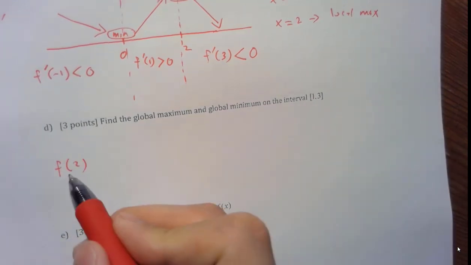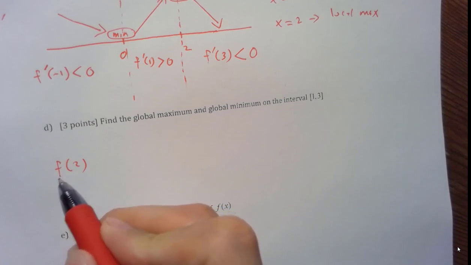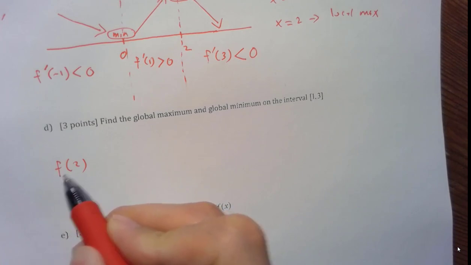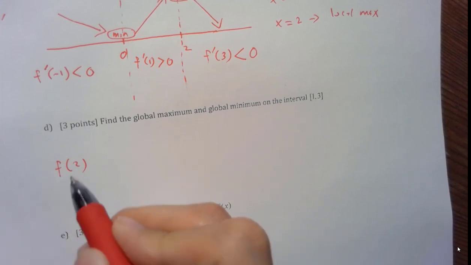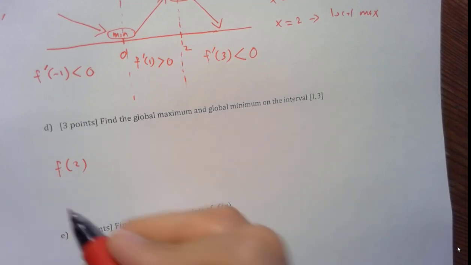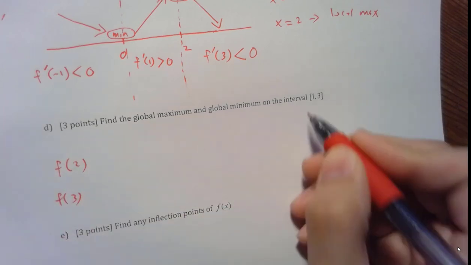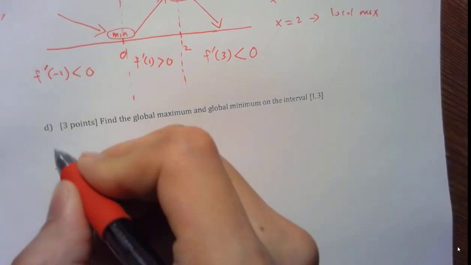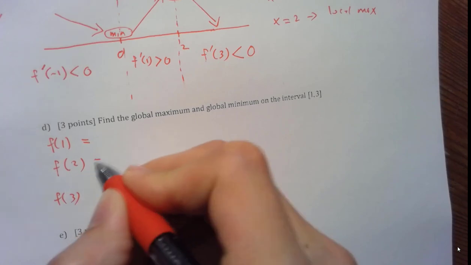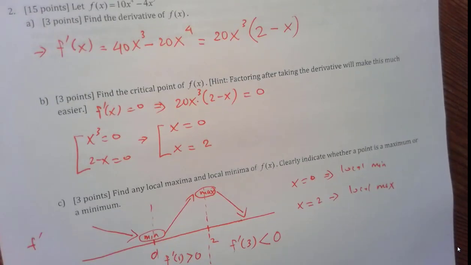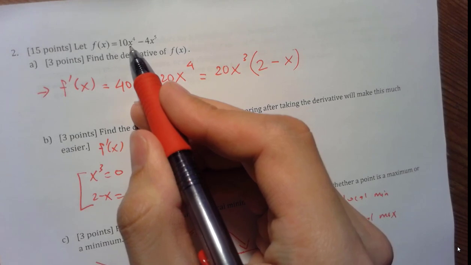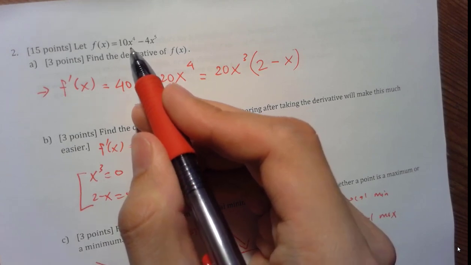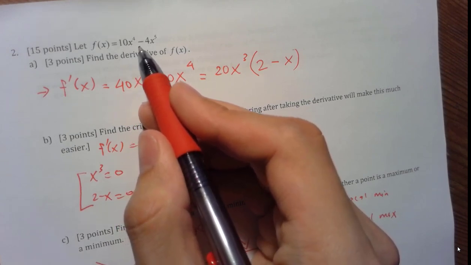Make sure you check the original f function, not f prime, because we are looking for the maximum value of the original function. So we check f of 2, f of 3, the right-hand point, and f of 1. Using the original function, I plug in 3, 1, and 2.